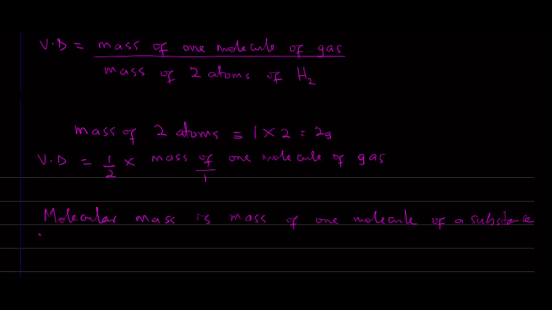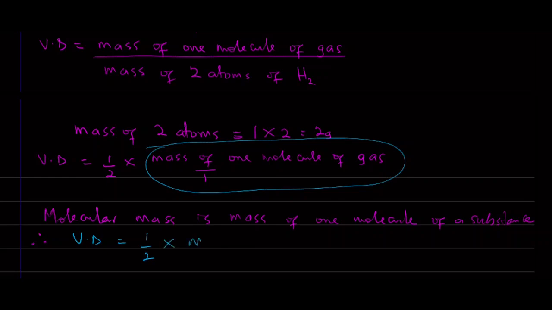So in short, our vapor density is going to be equal to 1 over 2. Everything that we have here represents the molecular mass, and also the mass of one molecule of a gas. So we are going to be left with the molecular mass, and this is how we are able to obtain the expression that we have written before.